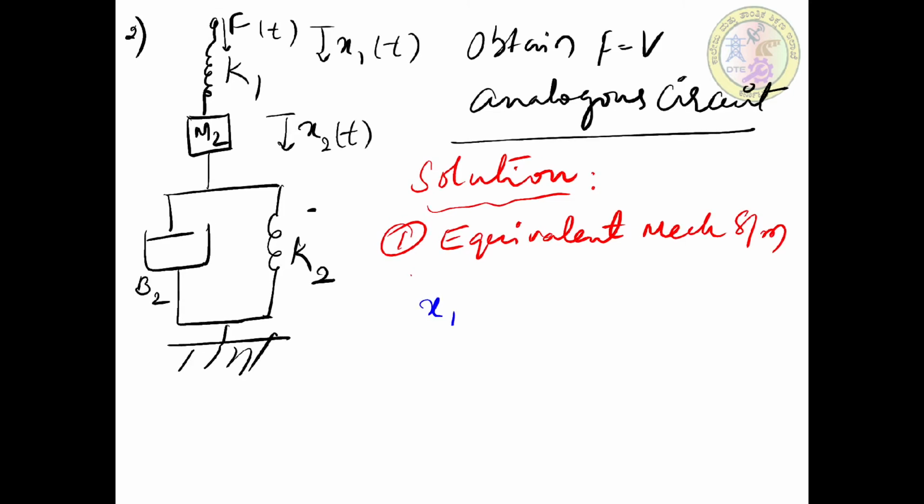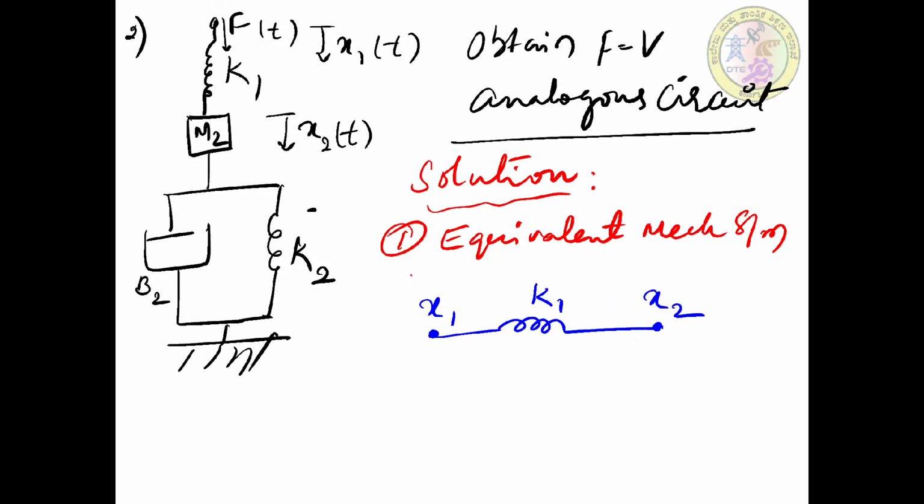Here there are two displacements, x1 and x2, so I am writing two nodes here. Between x1 and x2, as is clearly visible, there is a spring k1.